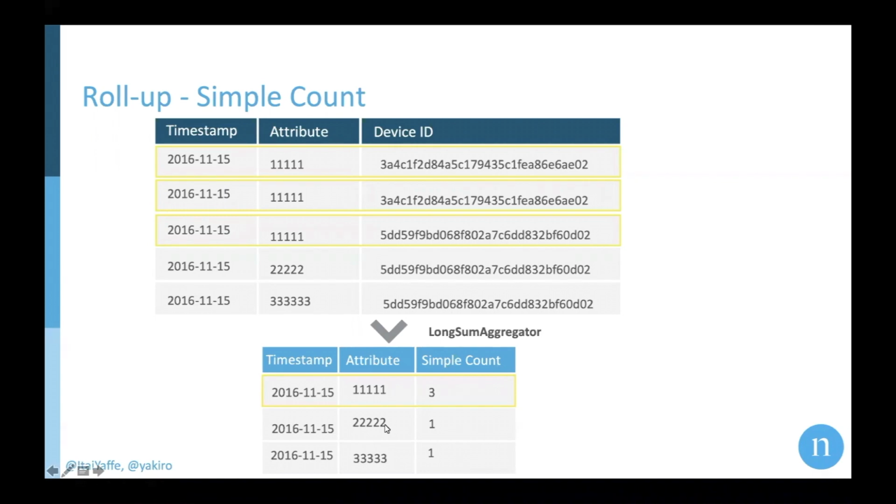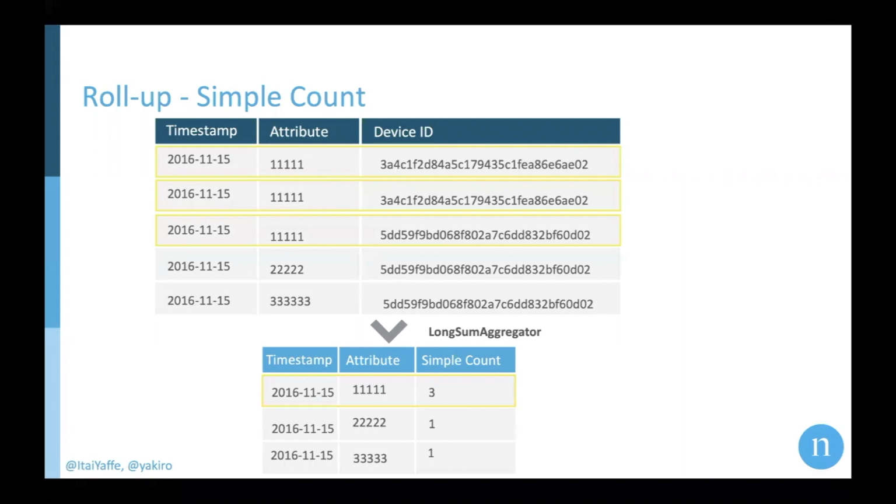So what Druid does at ingestion time is aggregate the data based on the dimensions that you defined, and basically store only the relevant count or the relevant metrics that you wanted to produce. So in our example, you can see that for a specific timestamp, for a given attribute, say 111, let's say it's an impression, right?